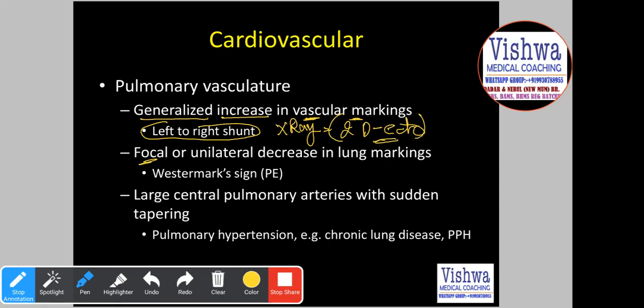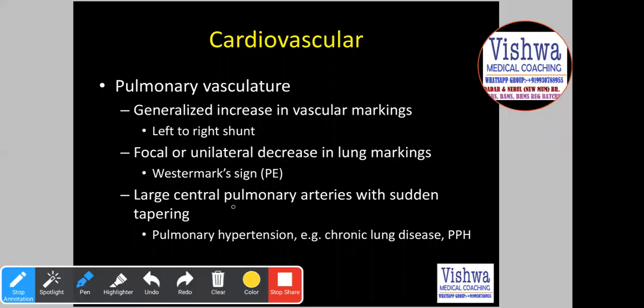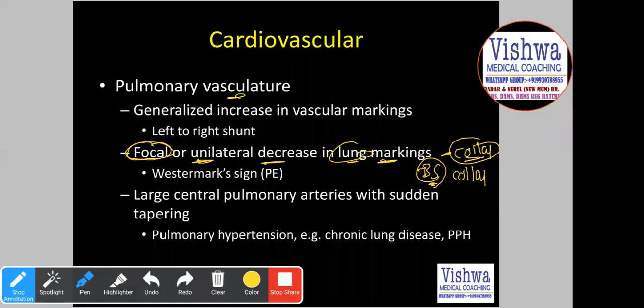If it is focal or unilateral decrease in the lung markings, now remember what exactly this shows. That means the lung must have collapsed, or not the lung, but the blood supply I'm talking about, because the vasculature we're talking about, the blood supply, has collapsed. Why should the blood supply in one of the lobes collapse? It can be pulmonary embolism.